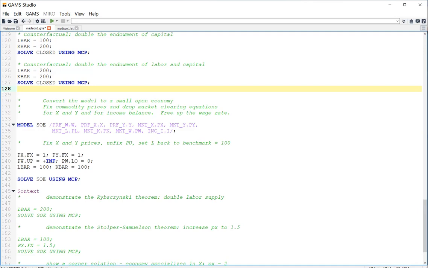I'm simply going to change prices of X and Y from being variables to being essentially exogenous parameters. And the way you do that is with this FX notation. So this says fix the price of X and fix the price of Y at 1, which are their initial solution values to the model.